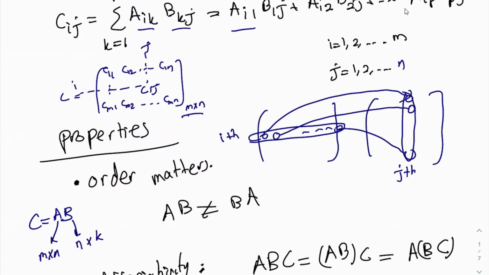In that case, C is going to be m by k. So the number of rows of B should be equal to the number of columns of A. Otherwise, you cannot multiply them together.